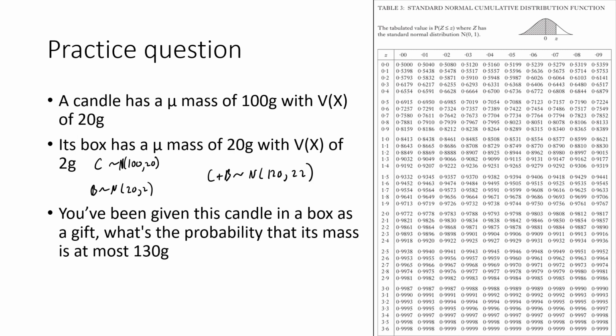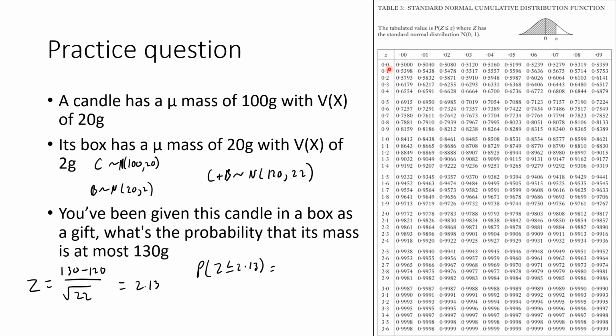Next thing we do is we find the Z value. Z is equal to 130 minus 120 over root 22, and that gives us 2.13. The probability of Z being less than or equal to 2.13 is on the table.